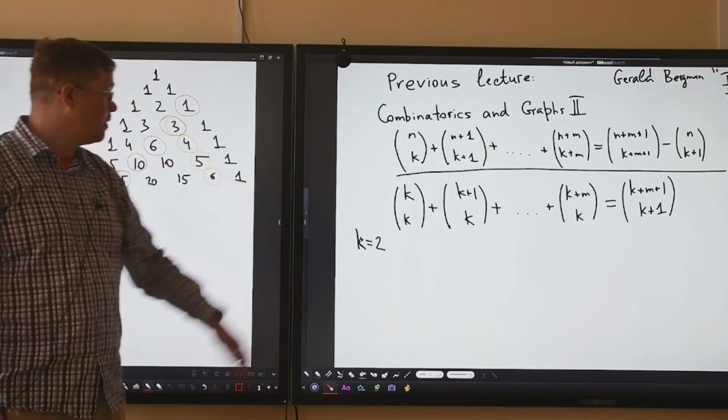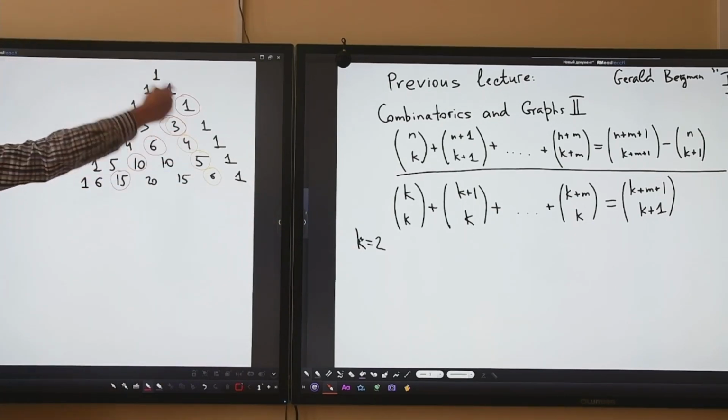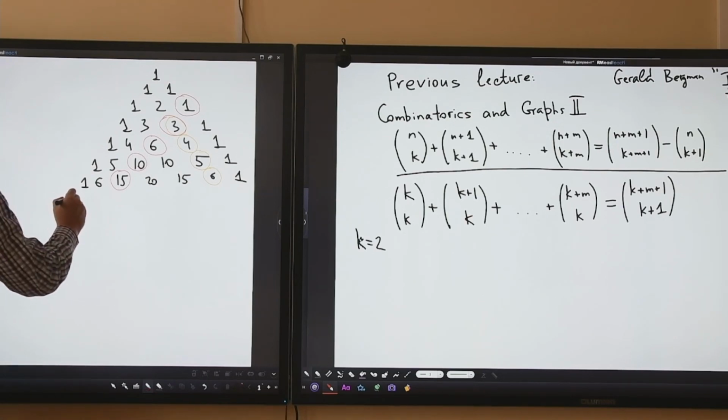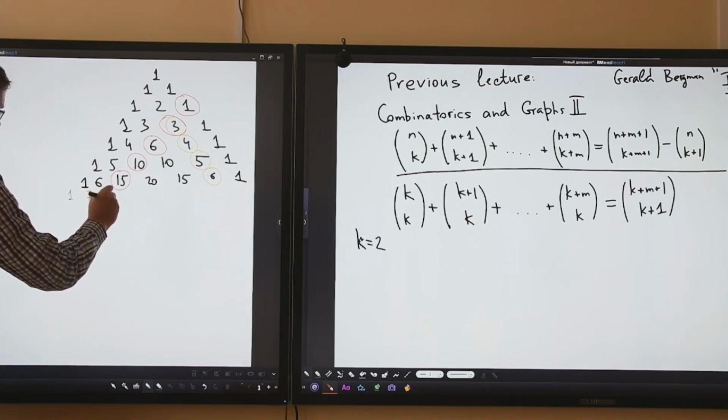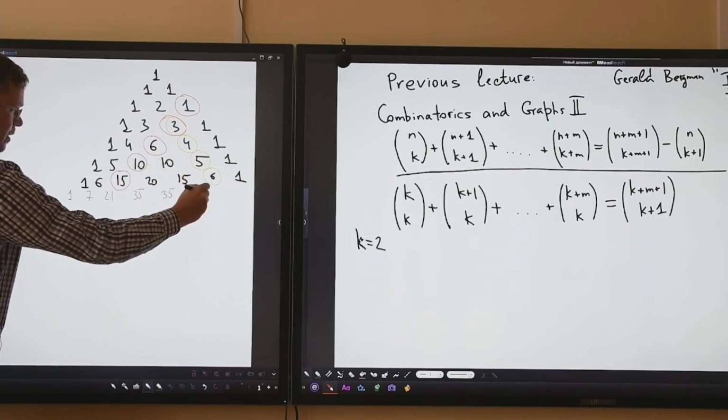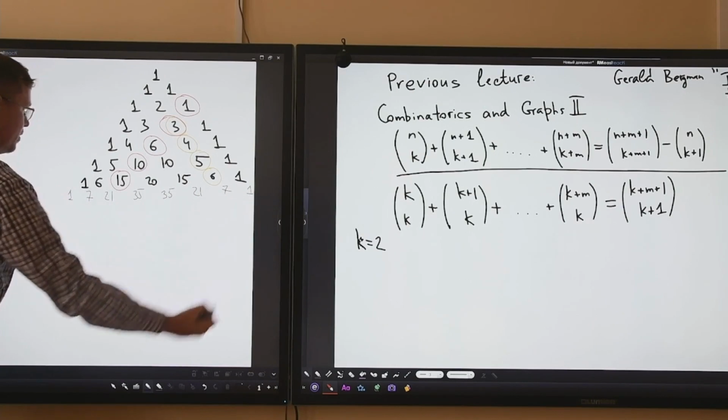So the first element will be lying on the border of this triangle, and then I go along this diagonal. And so the answer will be the following row: 1, 7, 21, 35, 35, 21, 7, 1.